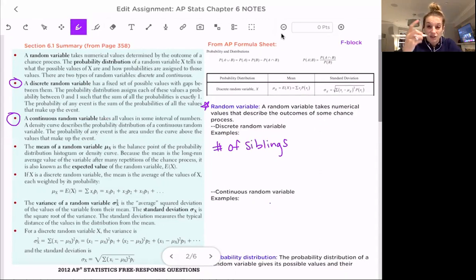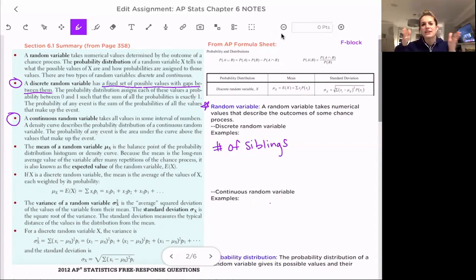And looking at the definition, why is that? It has a fixed set of possible values with gaps between them. So there's a fixed set of numbers that the number of siblings variable can take on, from 0 all the way up to whatever the max number of children is that a human has ever birthed on this planet Earth.